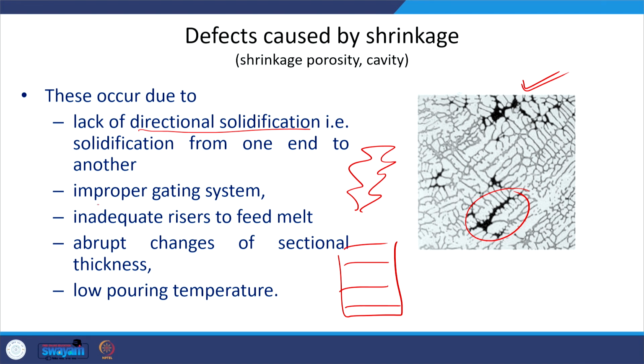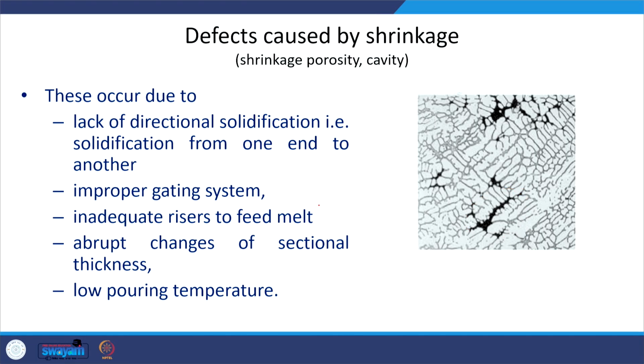Okay. And this can also happen due to an improper gating system, leading to a much longer time for solidification, and a longer time for filling the mold cavity. In the meantime, there is a significant reduction in the temperature of the molten metal.